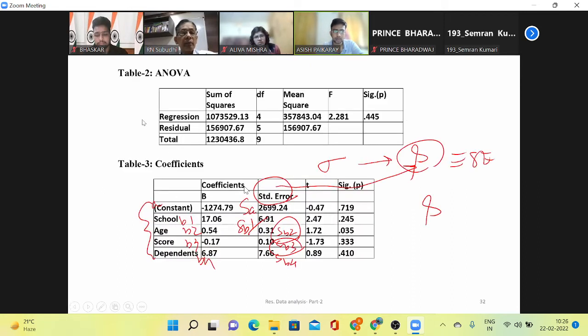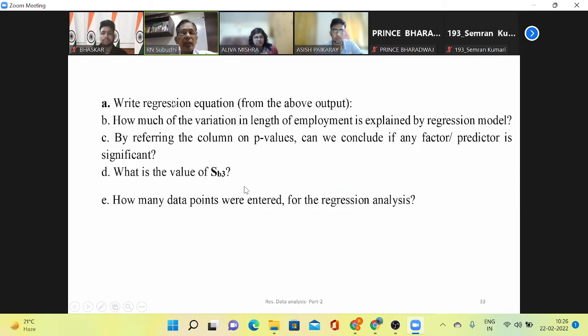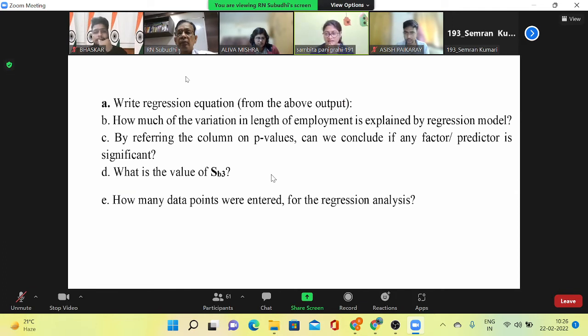So 4. Sir, we will not count A, the constant. Easy question. Why you are missing it? How many data points means, what is N? Okay, sorry. Yes, sir. Aliva, what is the answer? So 4. 4, sir. Bhaskar? 10. Plus 1.